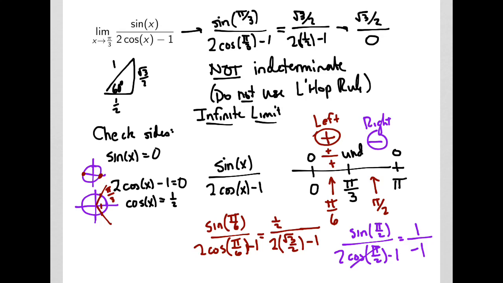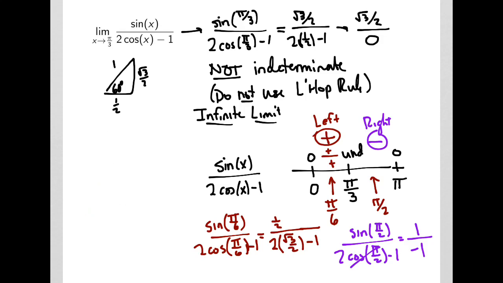And I'm going to have to clear a little space. And now I can draw my two sides. So in red here, I'll write the limit. As x approaches pi over 3 from the left of sine of x over 2 cosine of x minus 1, we saw was positive, so we get positive infinity.